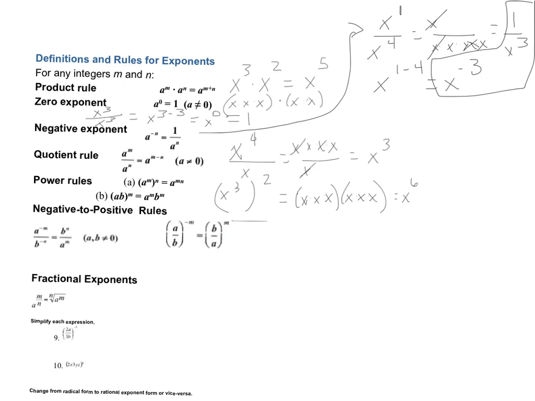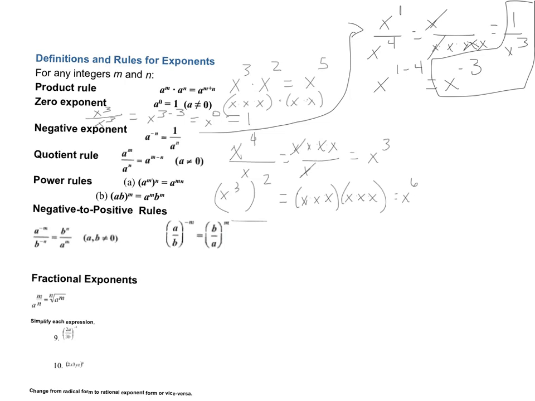Sure do. So what I want you to keep straight is, first of all, anytime you see a negative exponent, it has absolutely nothing to do with the sign of the answer. There's not a negative in front of this x cubed. But if I want to write it with a negative exponent, it doesn't look like a fraction. If I want to write it with a positive exponent, it will look like a fraction. Okay? So that's all you have to do.